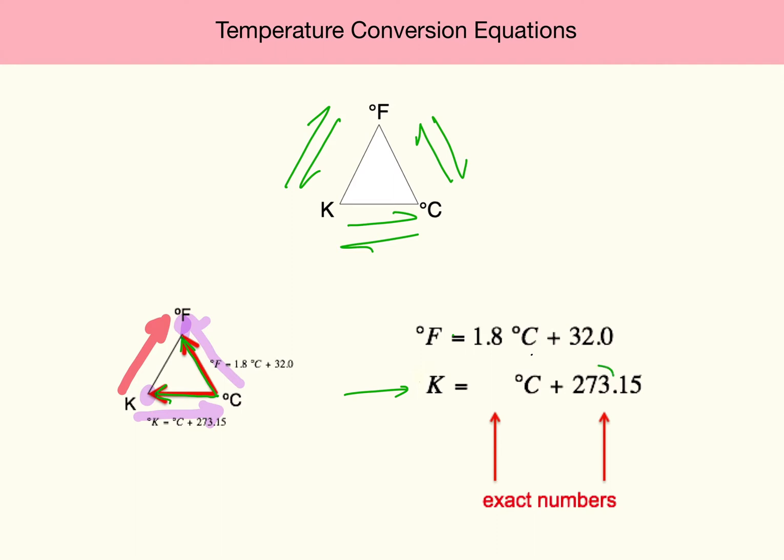Quick disclaimer: if you choose to just use 273, then that's no longer an exact number, and you do have to consider that 3 sig figs. The same thing is true of the 32. If you use 32.0, you can ignore the number because it's exact, but if you choose to use 32, then that would be good to only 2 sig figs.